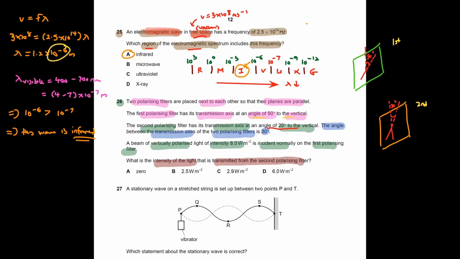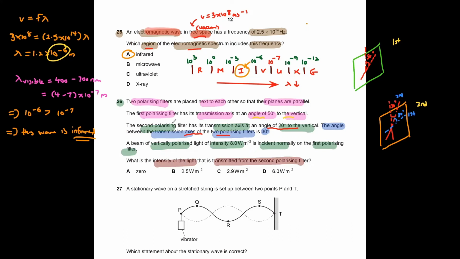Okay, so the angle between the transmission axis of your two polarizers in the first place was 30 degrees, meaning to say you compare the angle difference between the transmission axis of first and second polarizer, it is actually somewhere like this. There's an angle of 30 degrees between them, where this one is actually the second transmission axis. This is the first transmission axis.